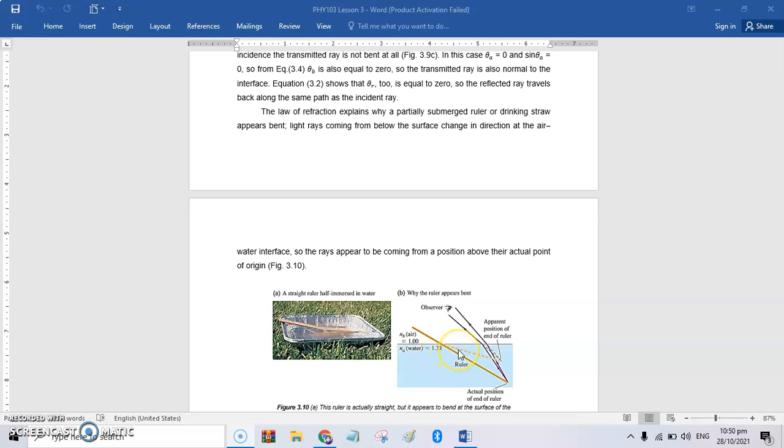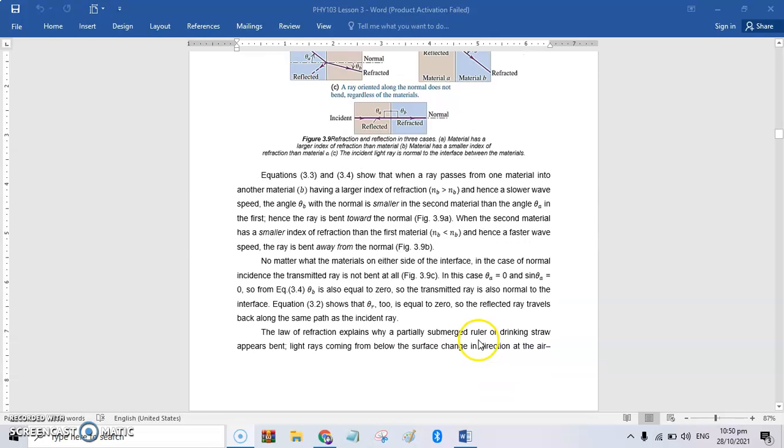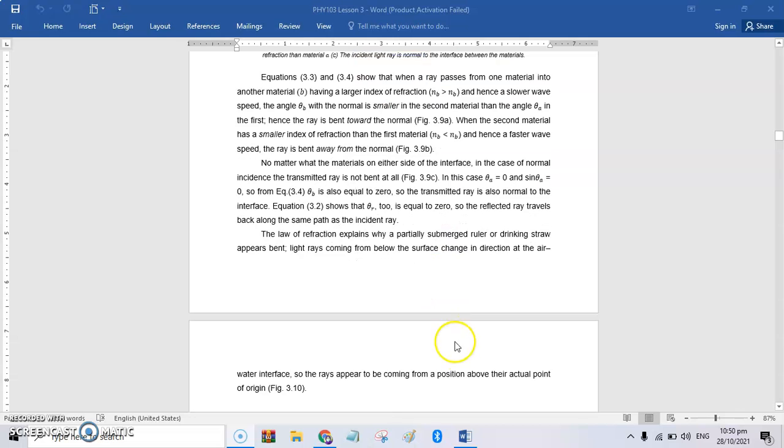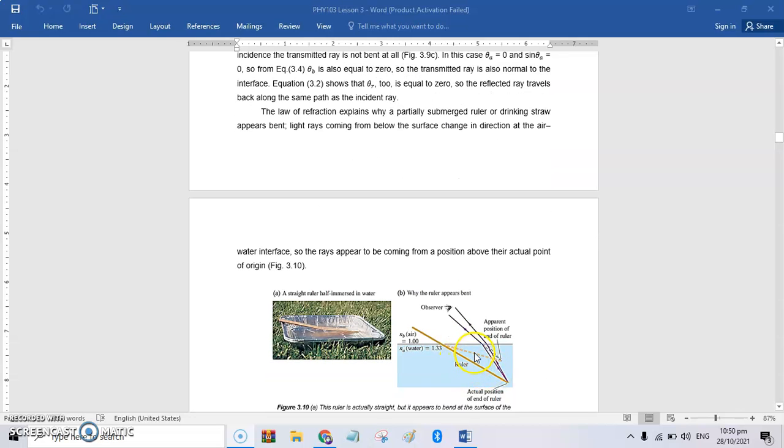So, the ruler will have a refracted angle slightly bent towards the normal. So, where is our normal here? This is the observer, the apparent position of the end of the ruler.